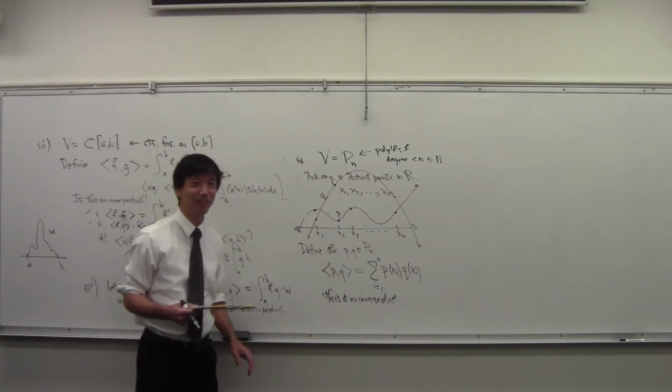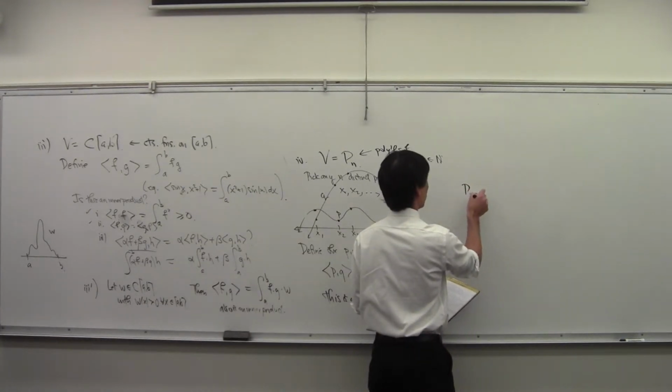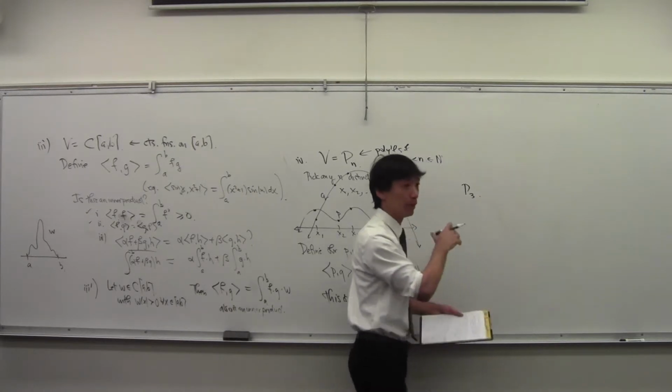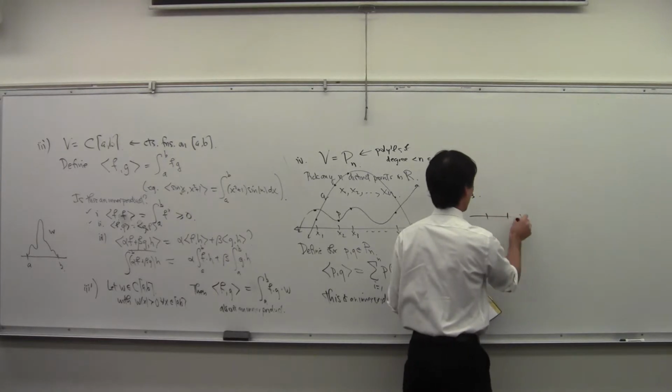Maybe P3, or P2. So with P3, we've got polynomials of degree 2 and under, and you choose 3 points, 1, 2, 3.